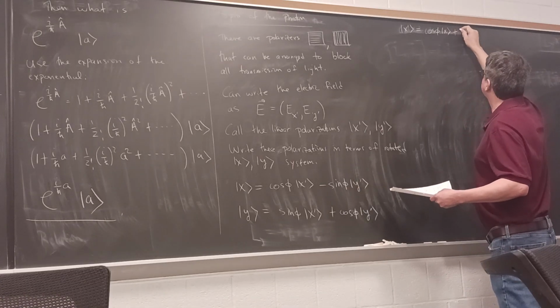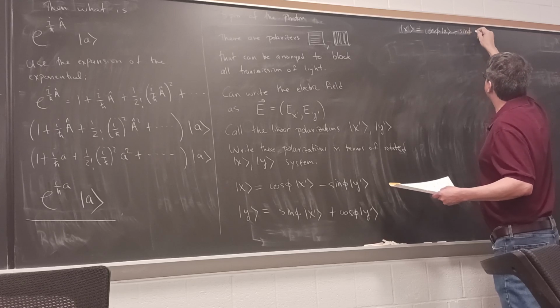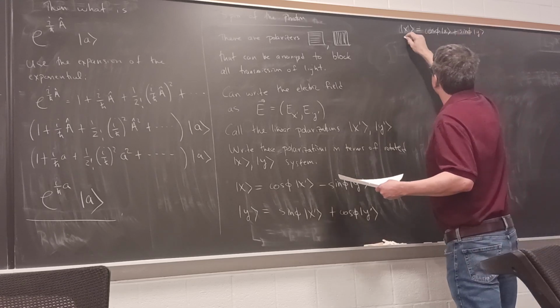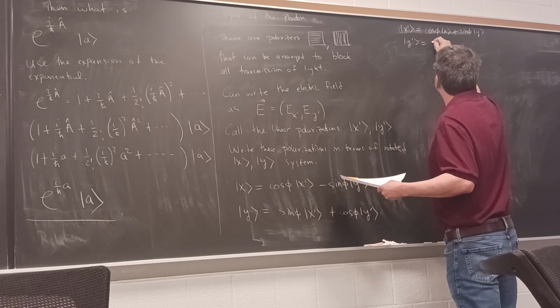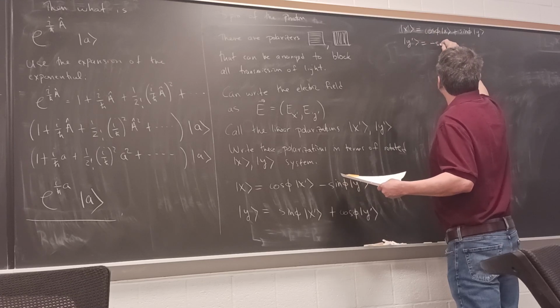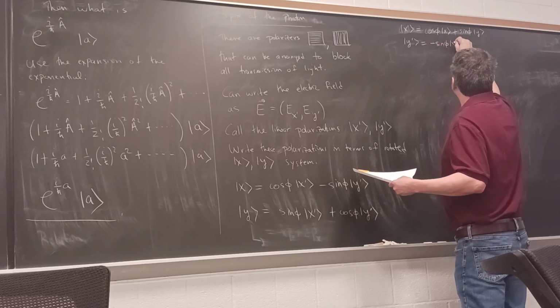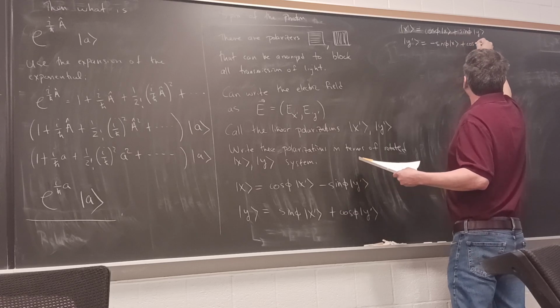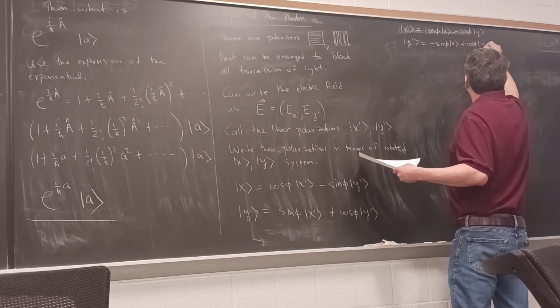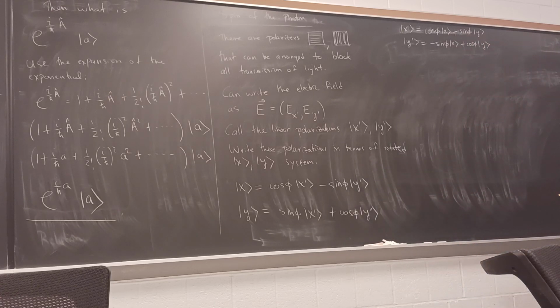They're in opposite directions with respect to each other, so it's plus sine phi y, and then y prime is minus sine phi x plus cosine phi y. Okay.